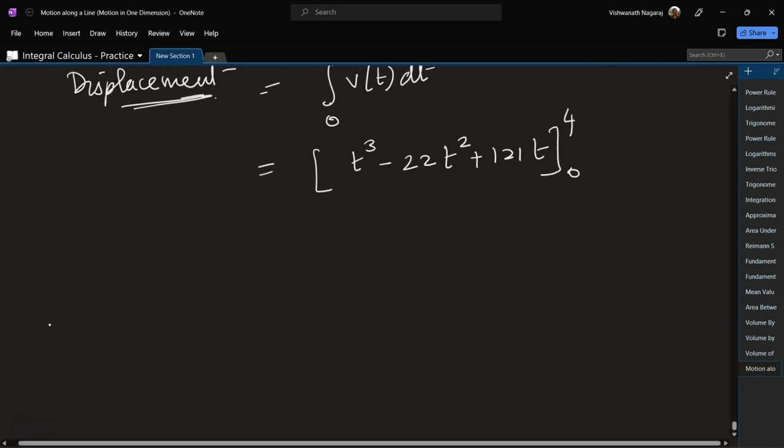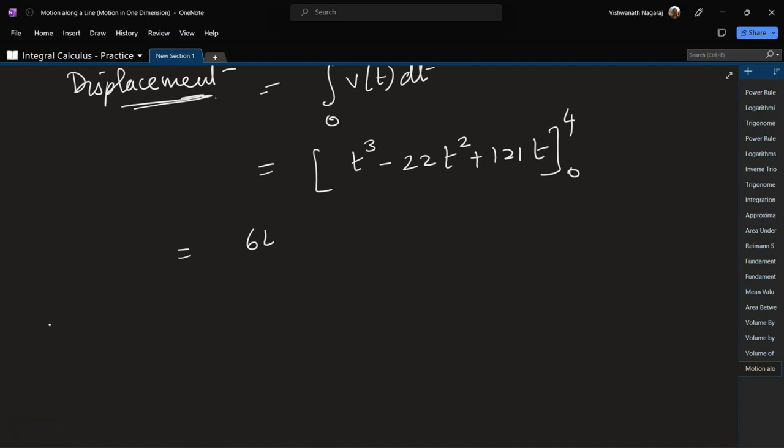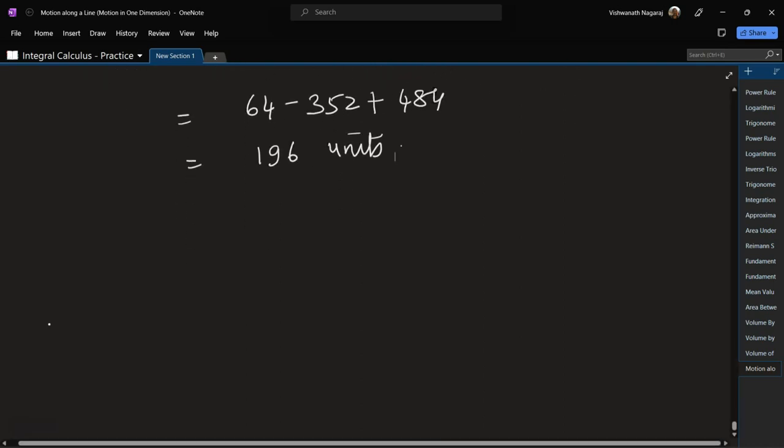Now, whenever you have one of the limits as 0, it becomes easier for us to do the evaluation. So 4 cube is 64 minus 4 square is 16, 16 times 22 is 352, plus 121 times 4 is 484, minus 0. So this evaluates to 196 units. So that is as far as the displacement is concerned.